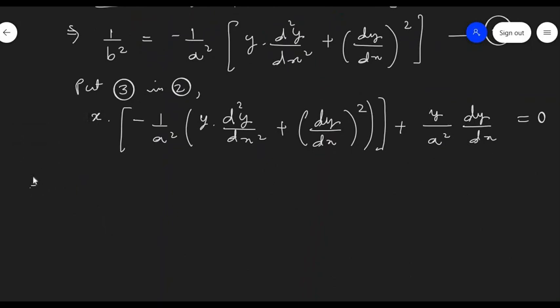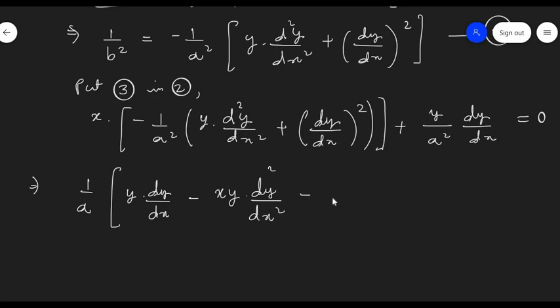So I write 1 upon a square, and let's write the positive term first. So I can write y into dy by dx minus xy d square y upon dx square minus x into dy by dx whole square equal to 0.